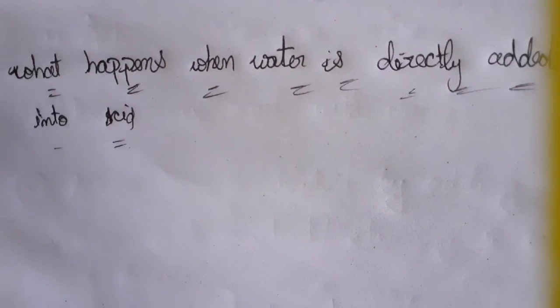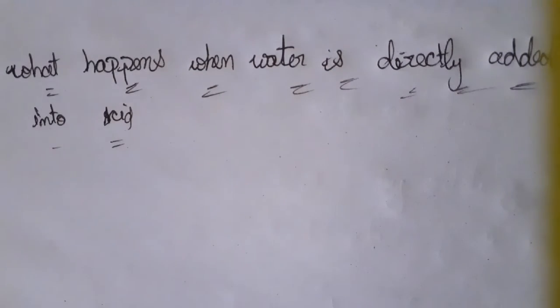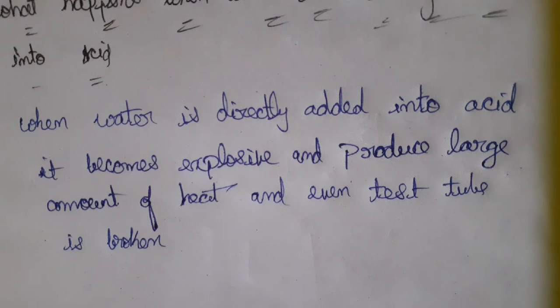When water is directly added into acid, it becomes explosive and produces a large amount of heat. When more water is added into the acid, it becomes explosive and produces a larger amount of heat, and with that heat the test tube can even be broken. Let us write the answer. When water is directly added into acid, it becomes explosive and produces a large amount of heat, and even the test tube is broken.